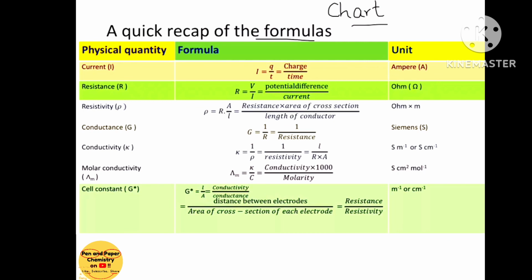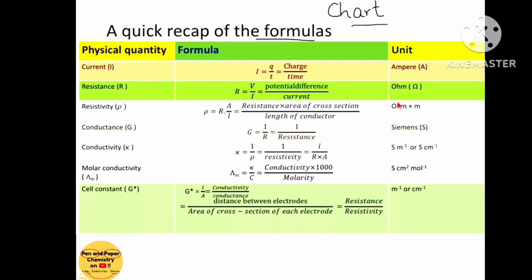So a quick recap: we have current, I equals charge upon time, unit is ampere. Resistance, denoted by capital R, is potential difference upon current, unit is ohm. Resistivity is R into A by L, where A is area of cross section and L is length of the conductor.